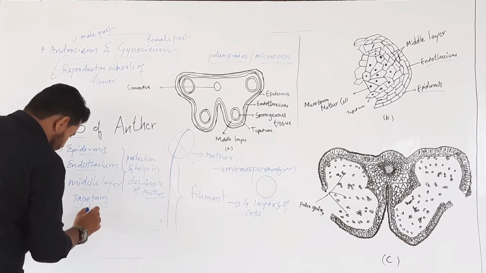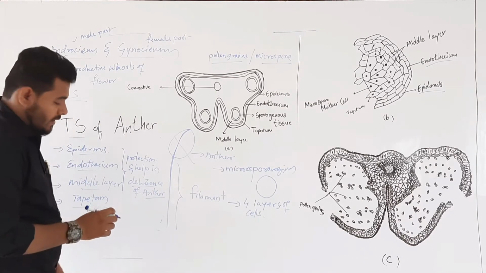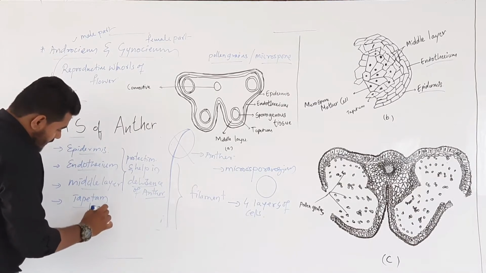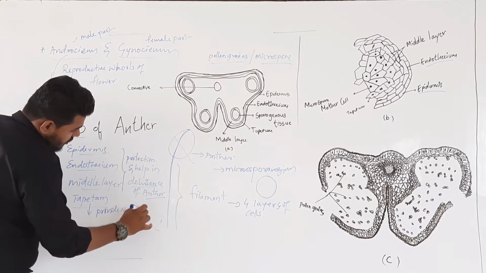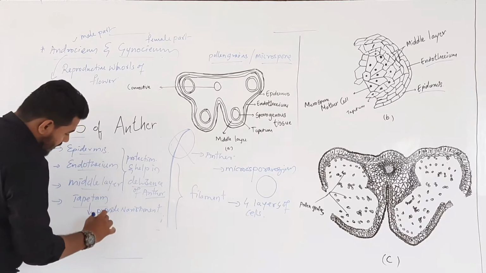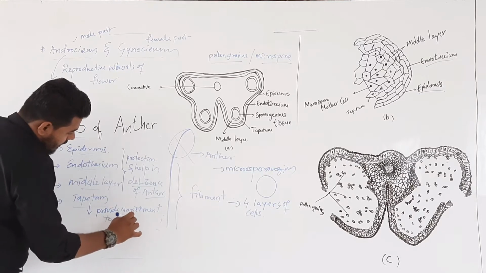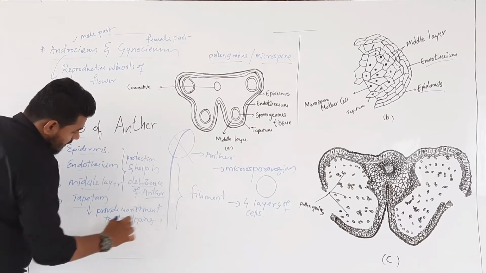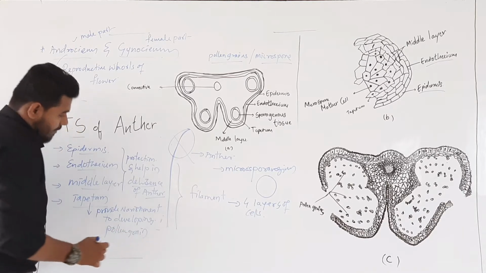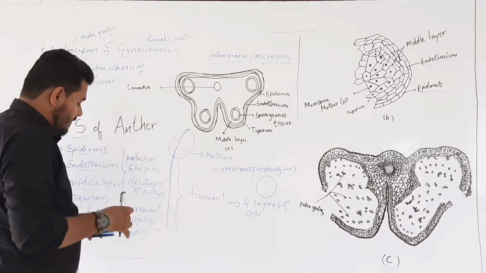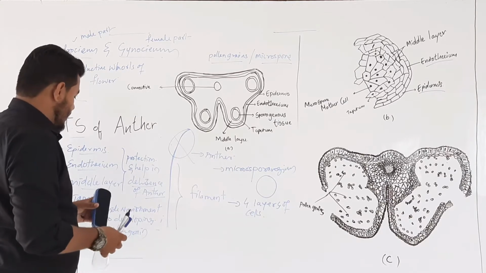Next, the important thing is the tapetum. The tapetum provides nourishment to the developing pollen grains.